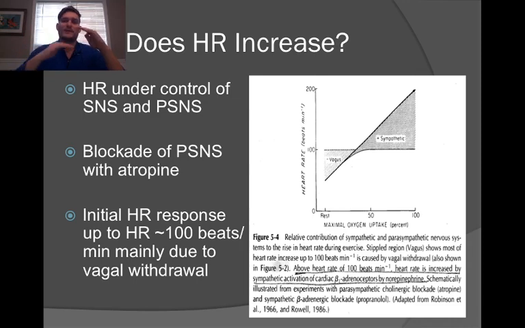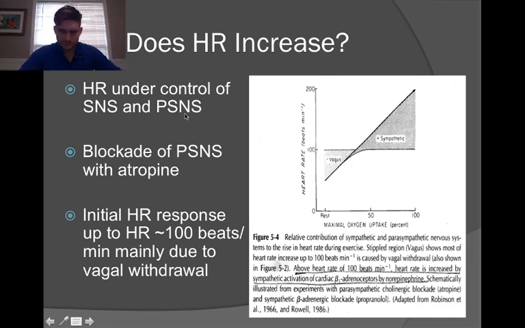It is due to less parasympathetic activity, through less activity through that vagus nerve, which at rest keeps our heart rate low. But then, as you increase your activity, it's going to stop releasing as much acetylcholine. It's going to stop binding to those cholinergic receptors, and that's going to increase the heart rate. So at 100 beats per minute, all of the parasympathetic withdrawal, or I should say probably most of the parasympathetic withdrawal, has been released.